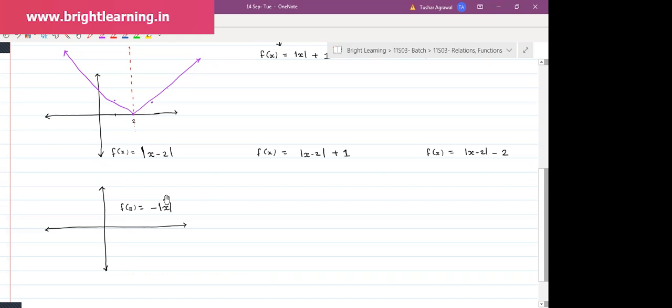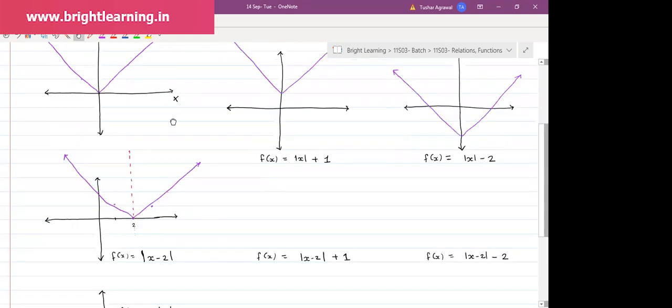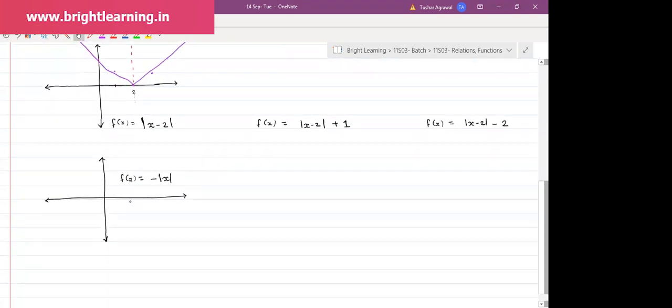So mod x, you have to take negative of that. So graph will be something like this. Symmetrical about this line. Clear? Minus of modulus of x minus 2.